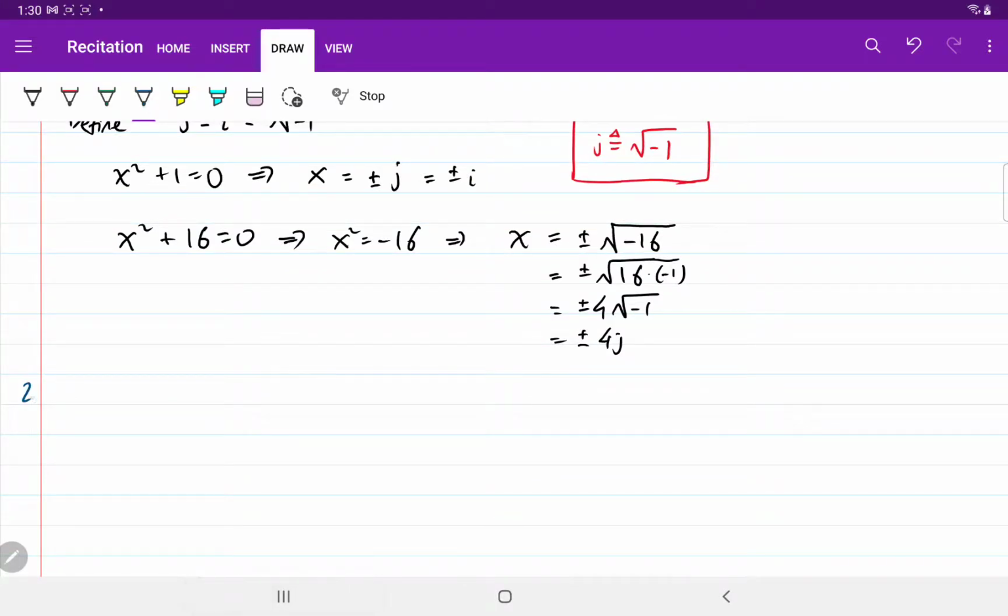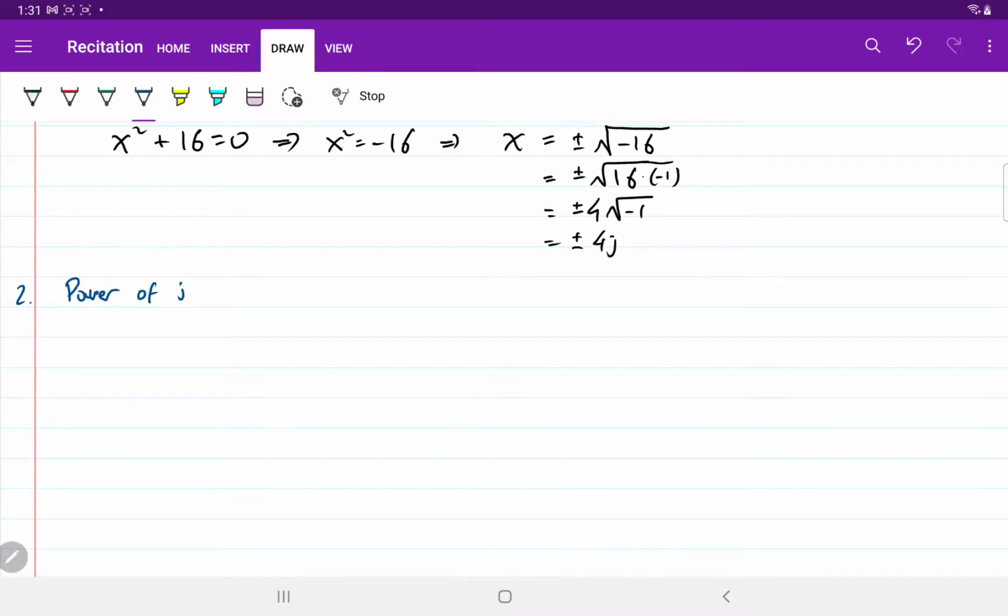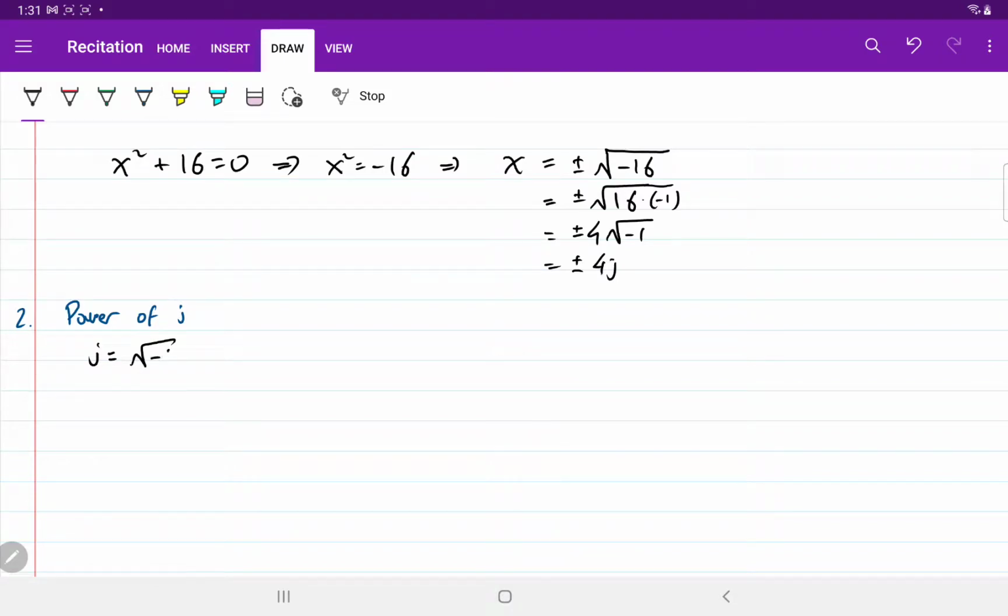Next, we will discuss powers of j. We define j as the square root of minus 1. Hence j squared is the square root of minus 1 multiplied by itself, so we have the square root of minus 1 squared, which is minus 1.